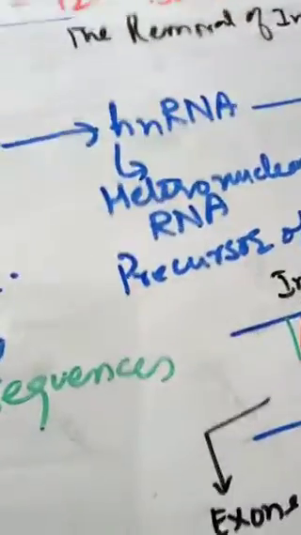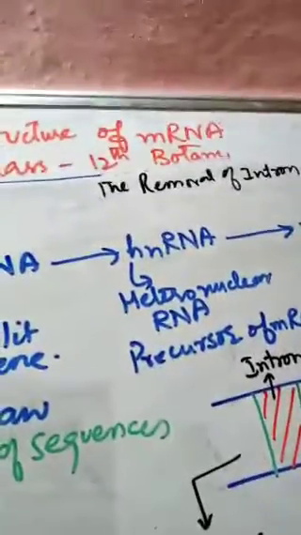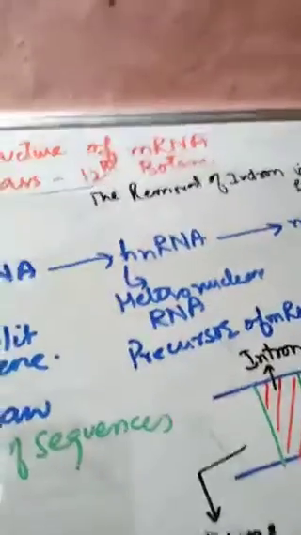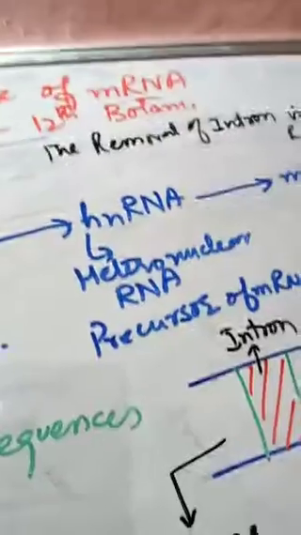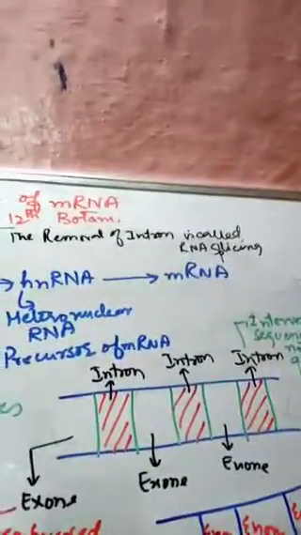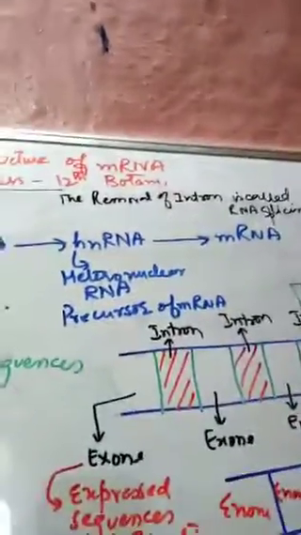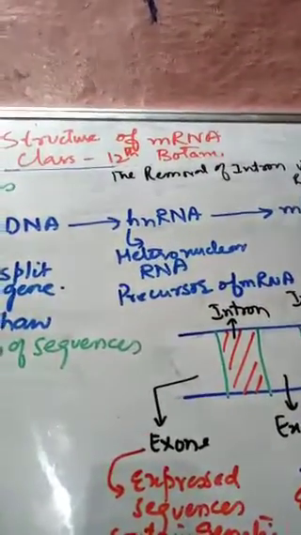Tomorrow we will proceed further to the different types of RNA, that is tRNA and rRNA. In eukaryotes, mRNA is not directly formed from DNA. In between comes hnRNA, heteronuclear RNA, which is a split gene and consists of two types of sequences, exon and intron.